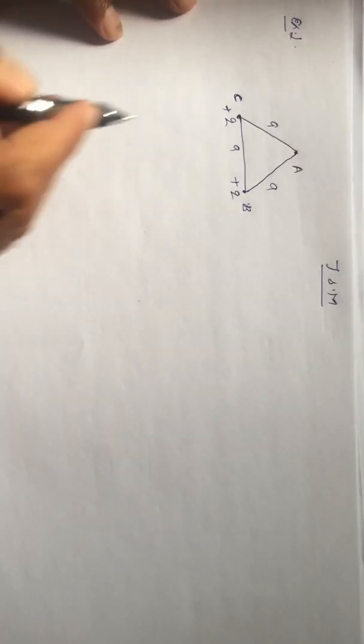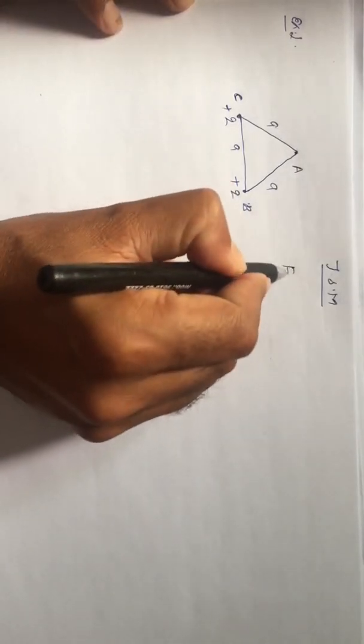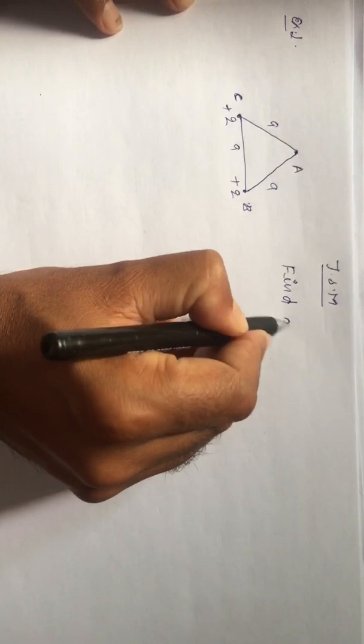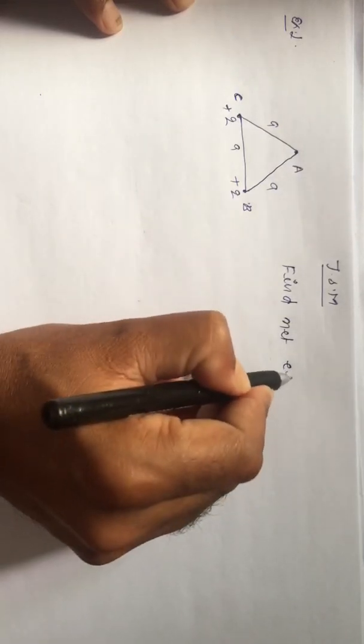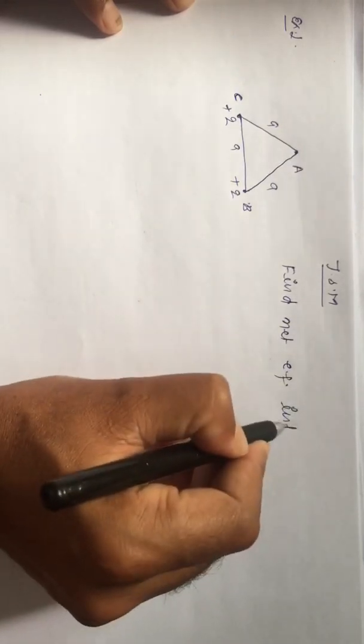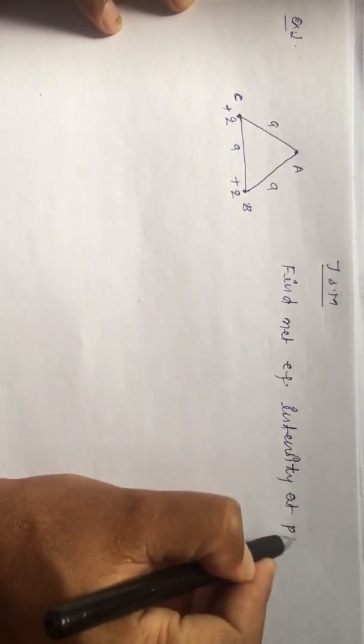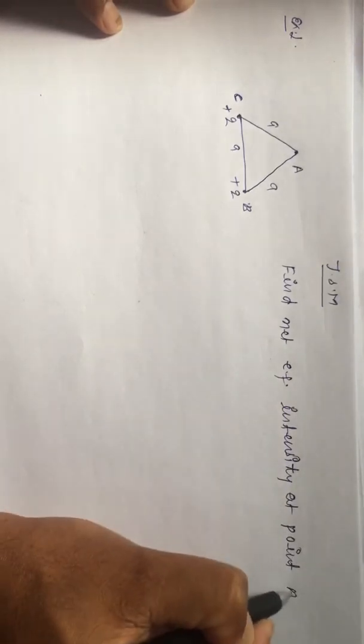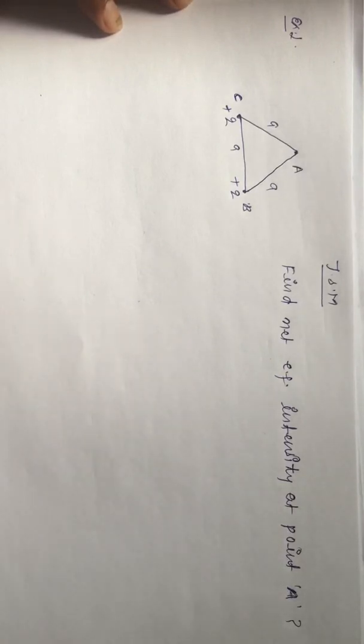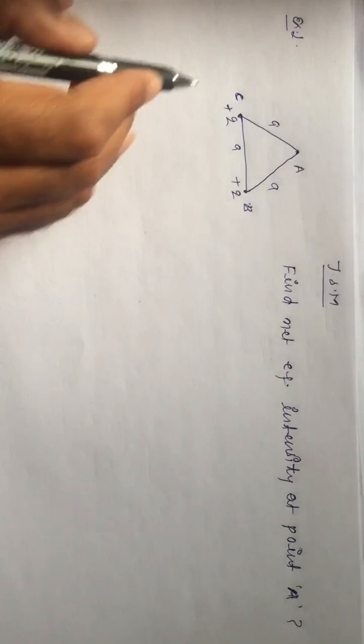Find the net electric field intensity at point A, or at vertex A. Tell me the concept at first.